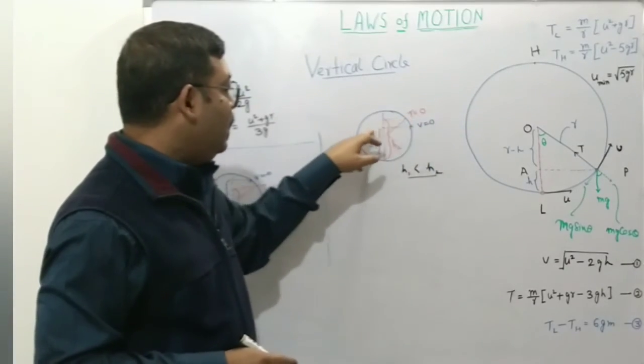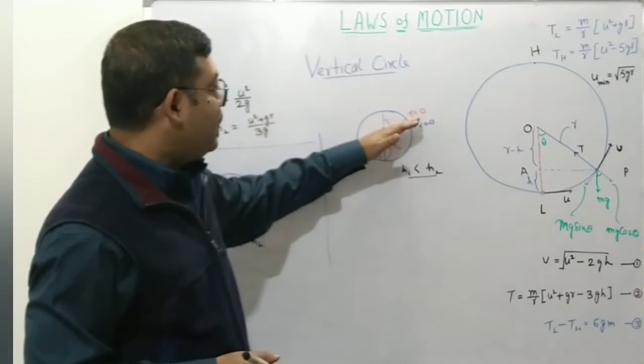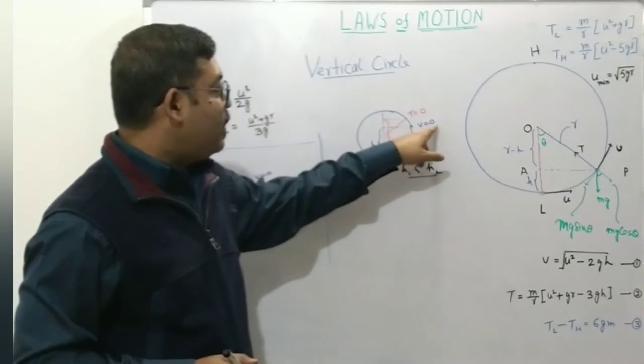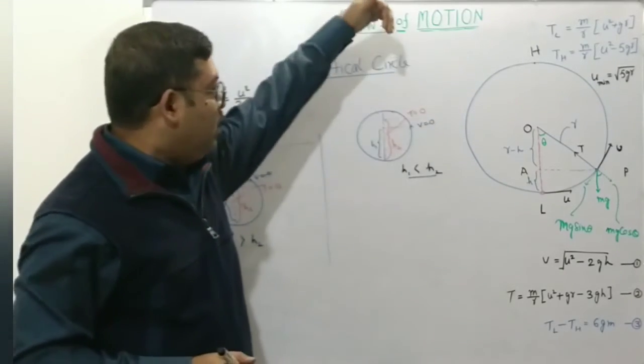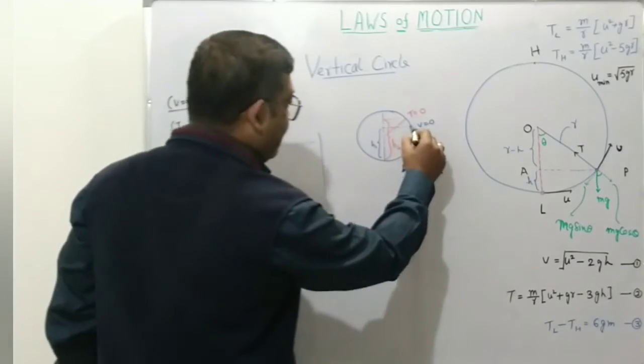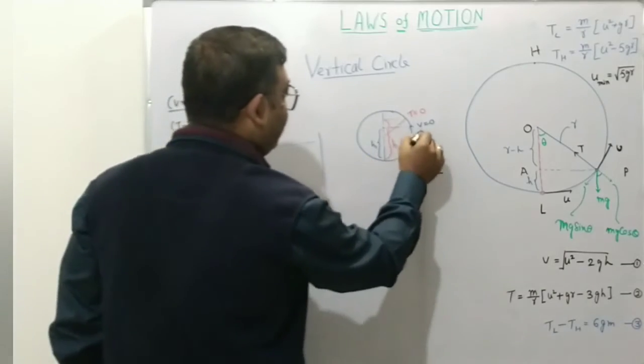However, there is still tension in the string. So because of the tension, the string will still be taut. Once the velocity becomes 0, due to gravity, the object will start accelerating downwards. So it will come back, retrace its path, and reach the same height and go back and forth.